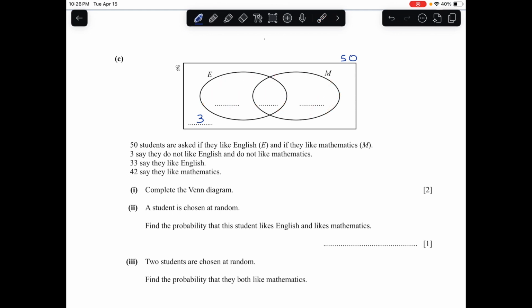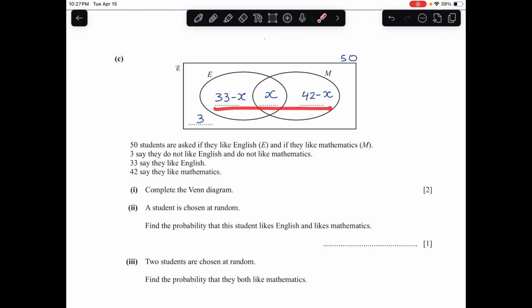But I do not know how many students like both. So for now, let's say this is X. So there are 33 who like English. So all of this is 33. So this is going to be 33 minus X. I recommend to do this with pencil. And then maths would be 42 minus X, because X is in the middle, right?